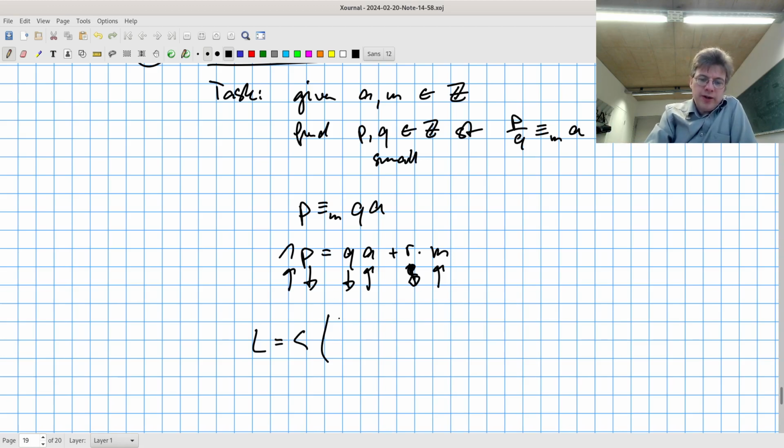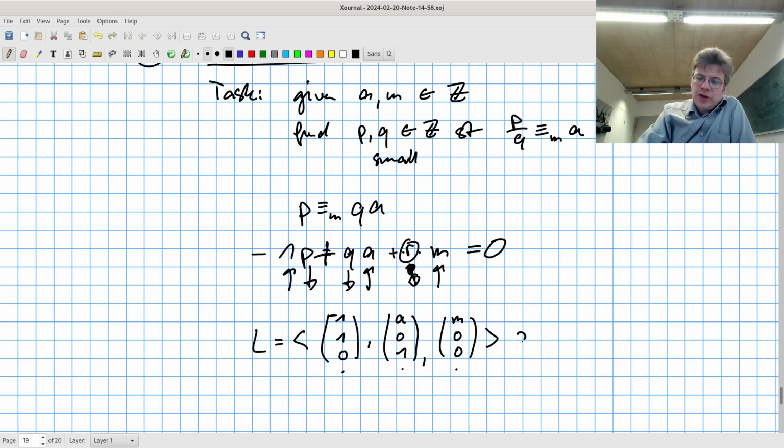We would say, let's write this as P minus Q times A minus R times M equals 0, and then this is 1, -1, 0, and then A, 0, 1, and then M, 0, 0. I could have put an additional coordinate here to catch the R, but I said I'm not interested in the R, so I didn't even include it here.